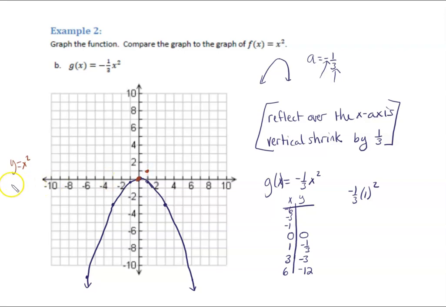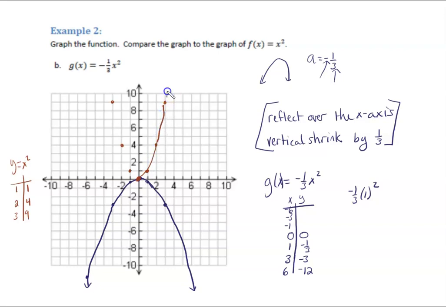When you plug in 1, you get 1. When you plug in 2, you get 4. And 3, you get 9. So it would look like this. Then it would have the symmetrical points over here, or I could make a table to find them. So that is the parent function of the parabola.